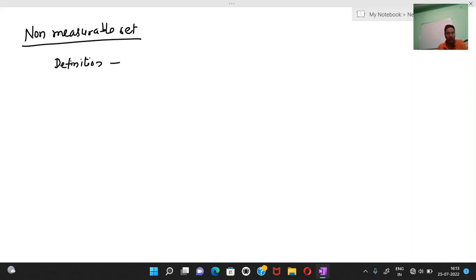Definition: If x and y are real numbers in [0, 1). Okay, this is a closed interval from 0 and open interval from 1.